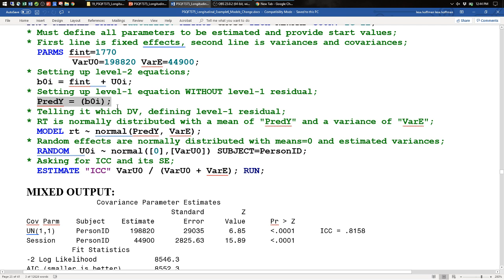So that just has the beta 0I, the level 2 placeholder, and that's because the residual goes down here in defining the conditional distribution for my outcome, which is RT for response time. So we're saying that the distribution of response time is normal with a mean of whatever pred y is. So that means that pred y contains the fixed effects and any random effects. After controlling for the fixed and random effects, it has a variance of only level 1 variance. So that's why var E goes here.